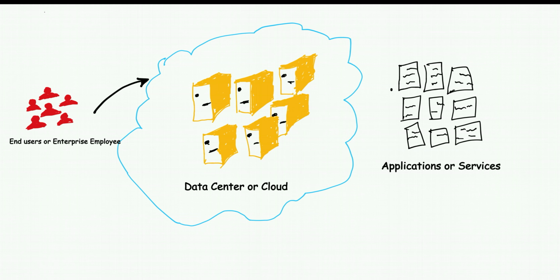Once done, they can release those resources. So the enterprise only has to pay for the resources they use for that time period. The cloud provider uses different virtualization technologies like VXLAN and other data center virtualization technologies to build a data center which can be shared among multiple tenants or end users as per their demanding needs.